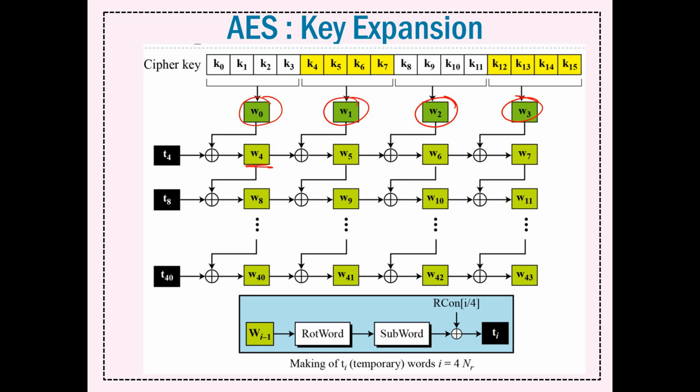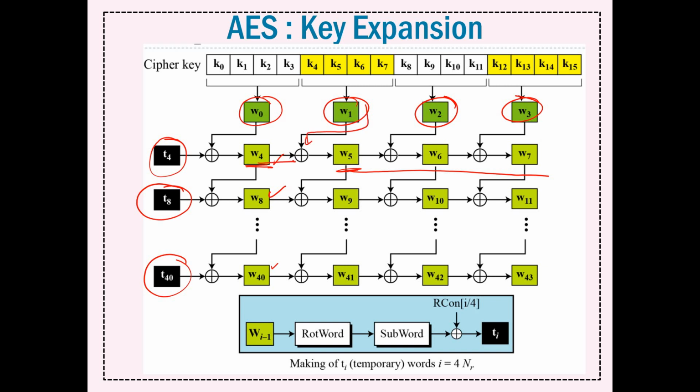This is nothing but an XOR operation between a temporary word, which is T4, and W0. So the leftmost words, W4, W8, W40, all of them are responsible with respect to some kind of temporary word. And the rest of the words are dependent on the previous word. You can see W5 is a combination of W4 and W1.